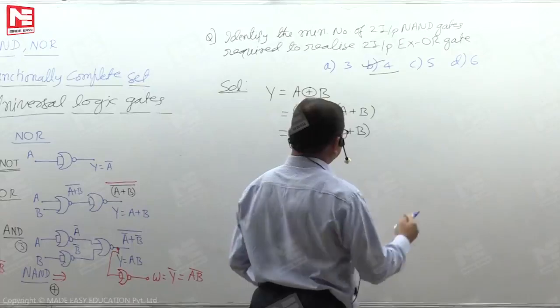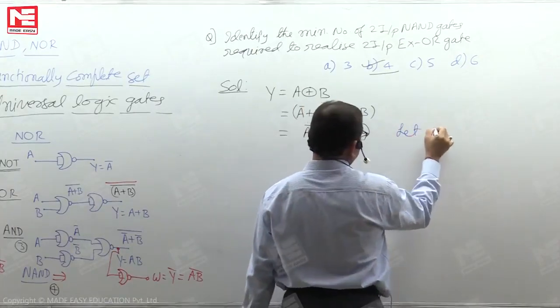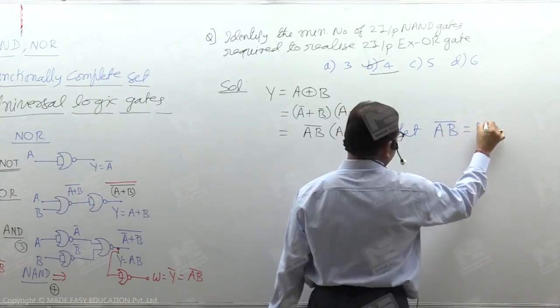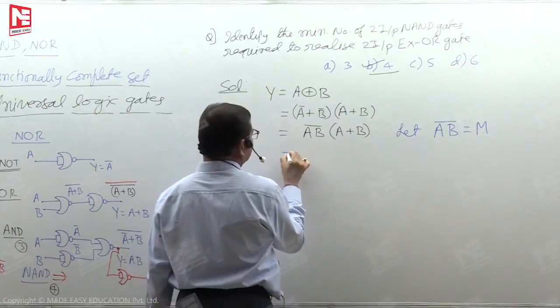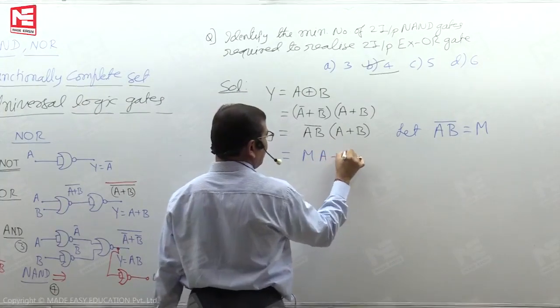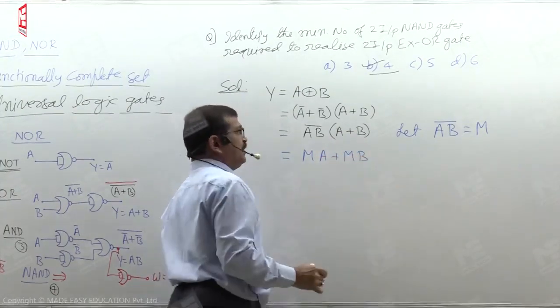Let's consider (AB) complement as, say, M. Then we are looking at MA or MB.